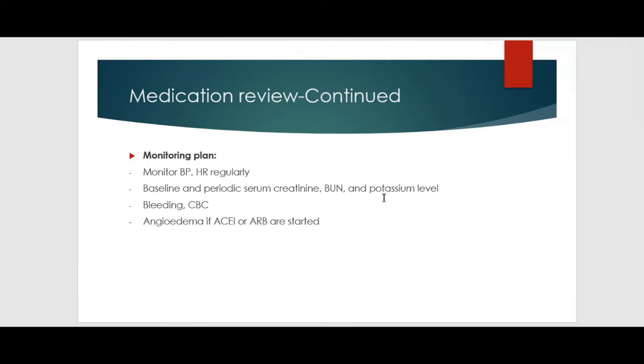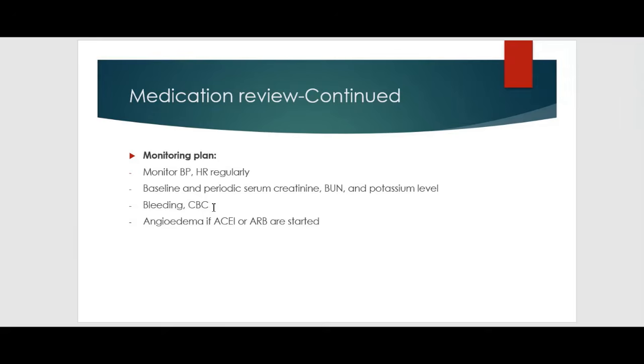If the kidney function is already abnormal, you have to have that baseline data, because as soon as you start an ACE inhibitor, there might be a decline in kidney function. So you need to do all these calculations as you go, as you're monitoring the patient. And of course, if the potassium is more than 5, you should not be starting an ACE inhibitor until the potassium normalizes, because it will increase the potassium as well, right?